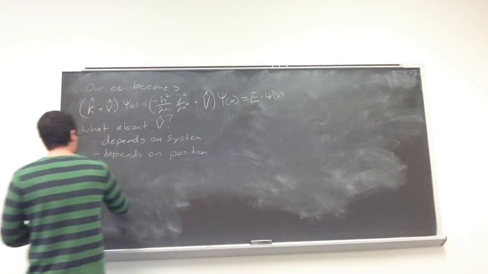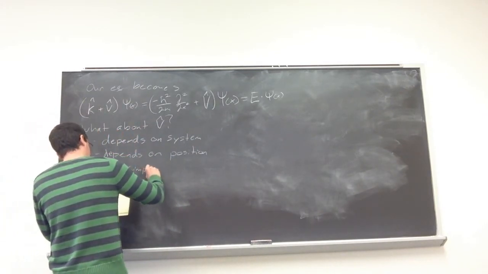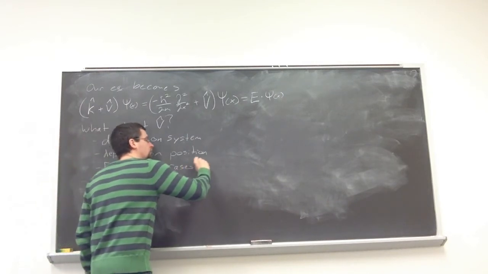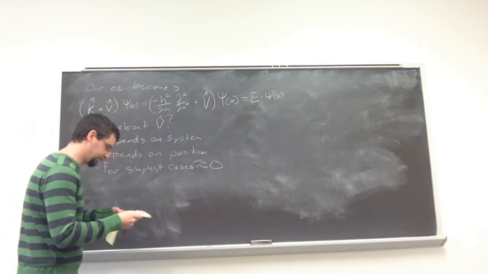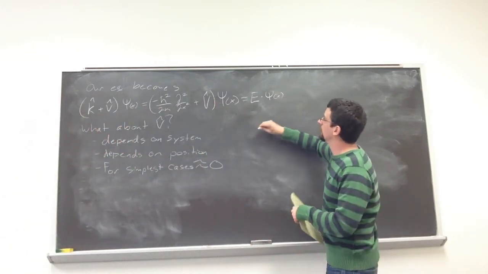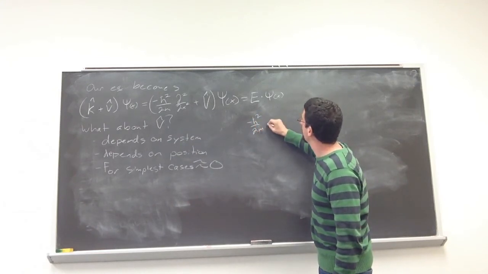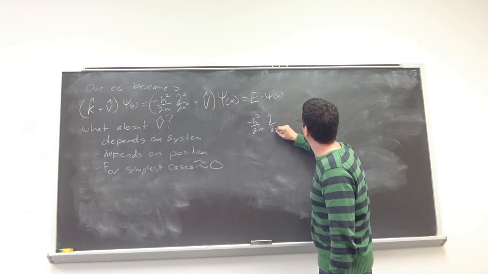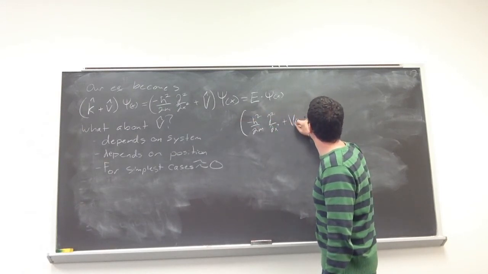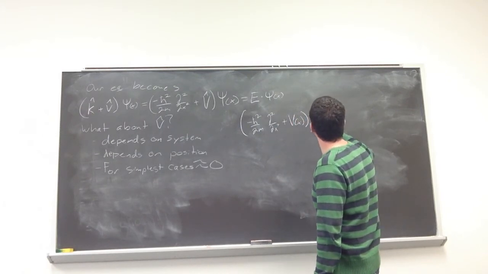But for now, for simplest cases, we usually approximate this to be 0. Okay, so now this equation becomes a little bit different.